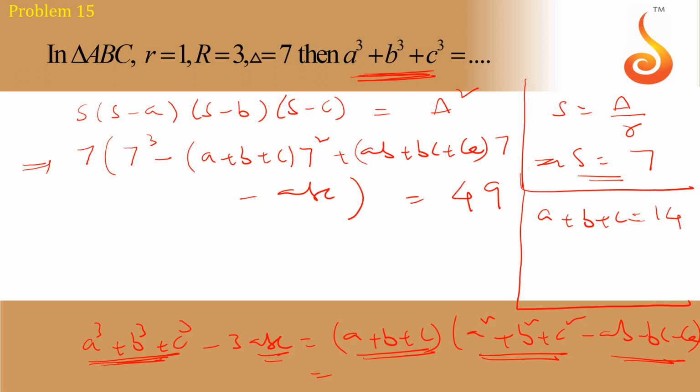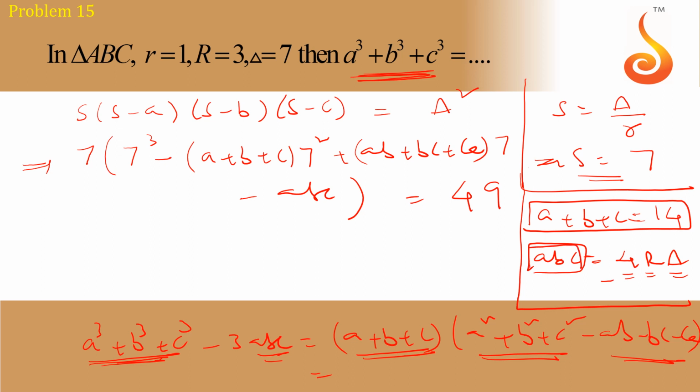So after getting a plus b plus c equal to 14, can we do like this? abc equals 4R delta. So 4 capital R is 3 delta. So the abc value we can calculate. So please substitute a plus b plus c as 14 and the abc value here. From this you will get the ab plus bc plus ca value.